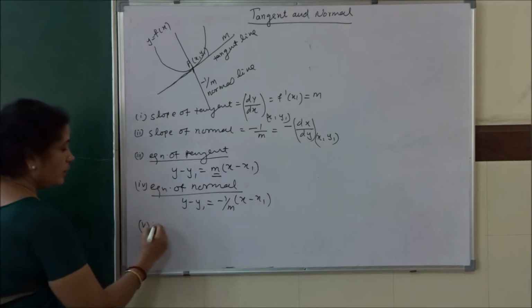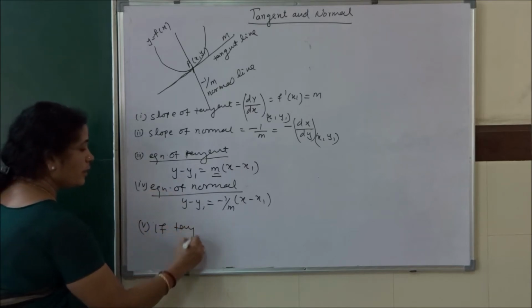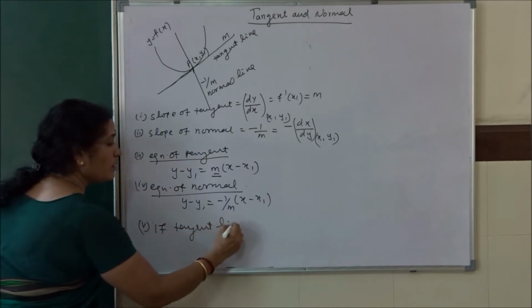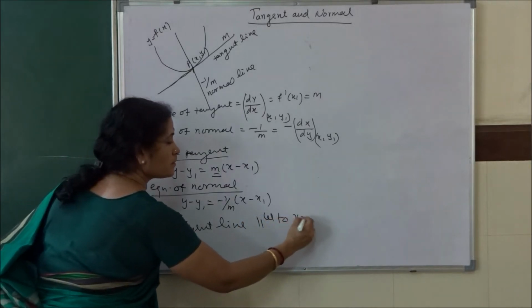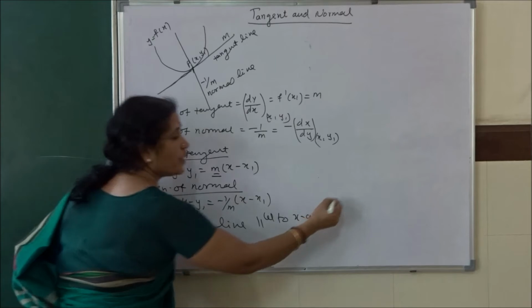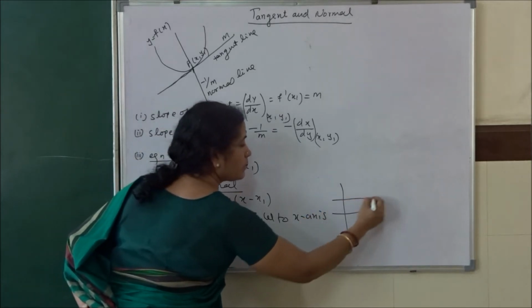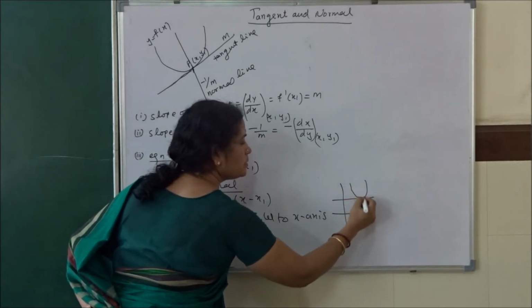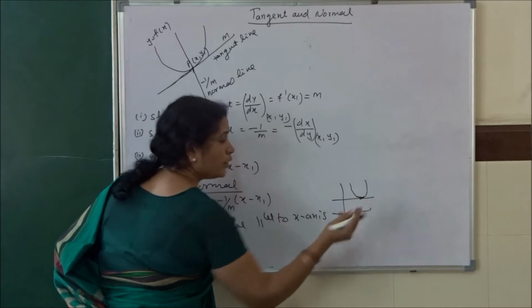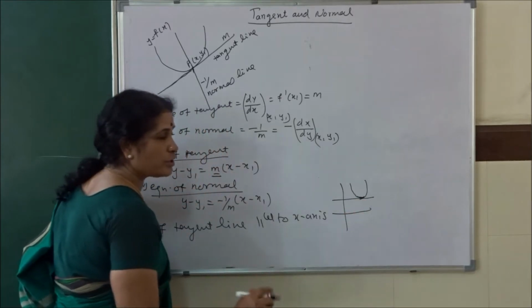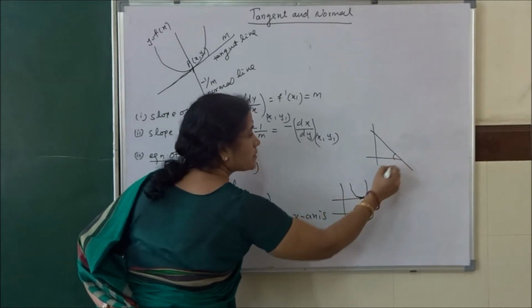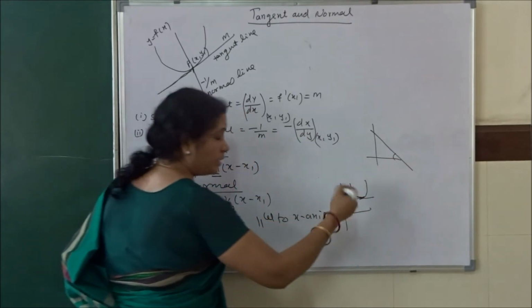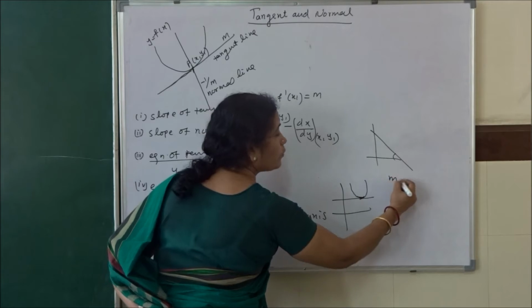Now, number 6. Suppose the tangent line is parallel to x-axis, for example like this. This is tangent line and this is curve. Okay, fine. Already you have seen one formula in 11th standard. If a line makes an angle theta with the x-axis in anti-clockwise direction, then m equal to tan theta.